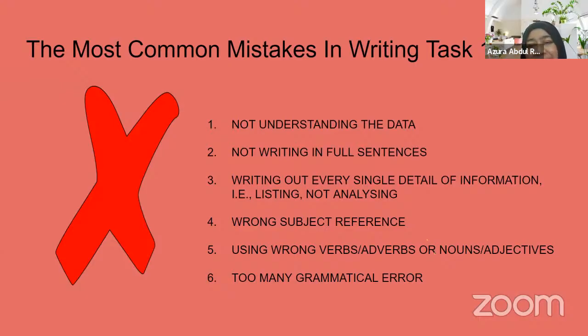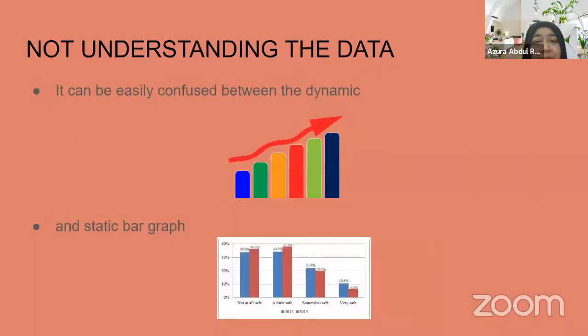This is common in every type of writing, but wrong subject reference is very, very common when it comes to data analysis. You have to make sure that you map out your understanding well before you embark on actually writing out the analysis itself. So this is what happens when you don't understand the data.